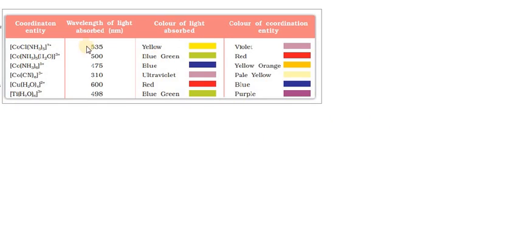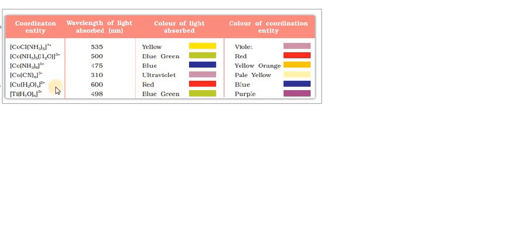The color of light absorbed by the first complex is somewhere around 535 nanometers, and that is yellow light. So opposite to that, you will see the color of this complex or solution as violet.